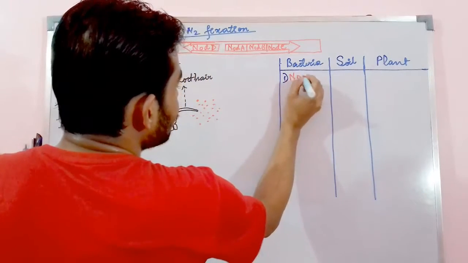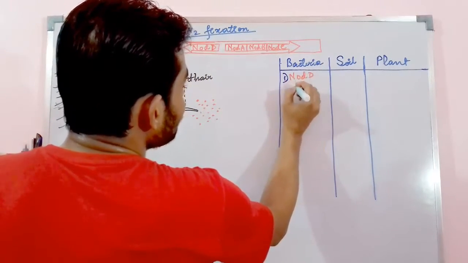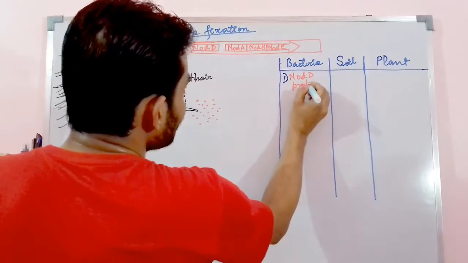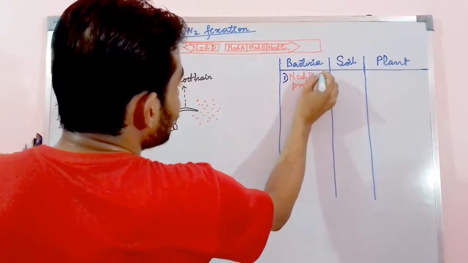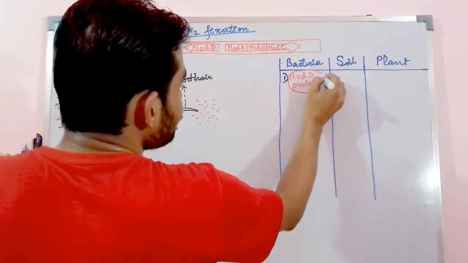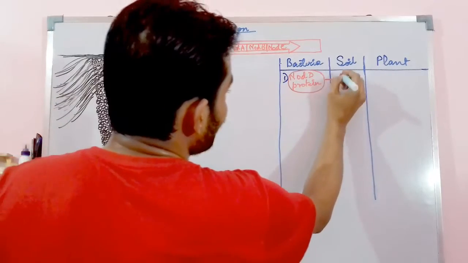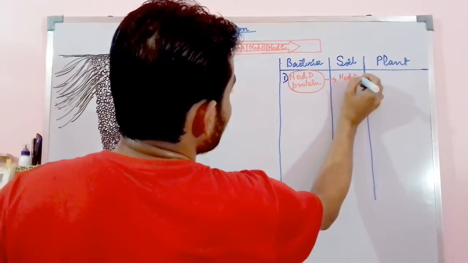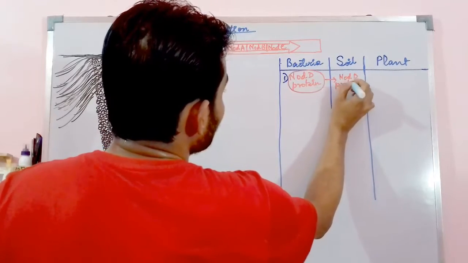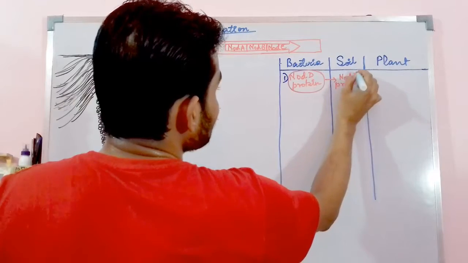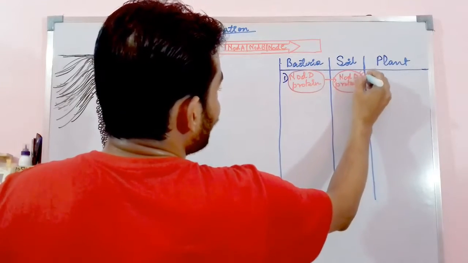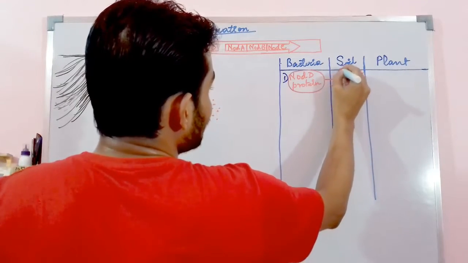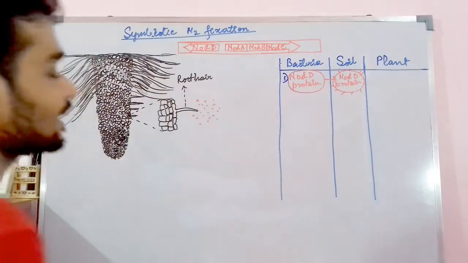This NOD D protein gets into the soil and gets activated.